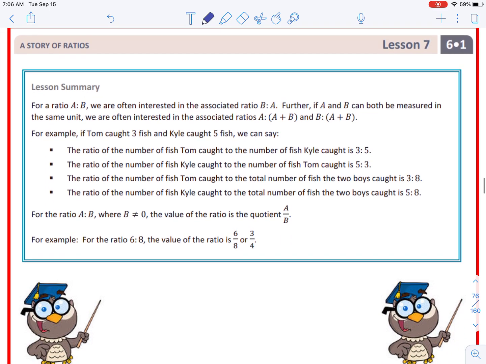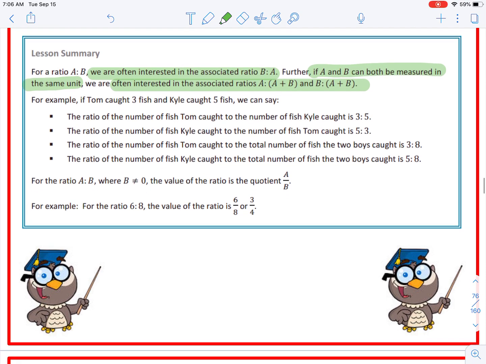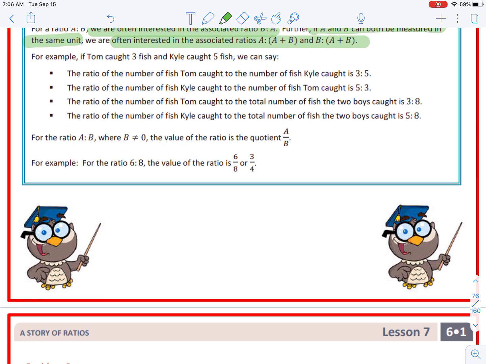All right, guys, lesson summary. So for a ratio A to B, we are interested in the associated ratio B to A. Further, if A and B can be measured in the same unit, we are often interested in the associated ratios A to A plus B and B to A plus B. For example, if Tom caught 3 fish and Kyle caught 5 fish, the ratio of the number of fish Tom caught to the number of fish Kyle caught is 3 to 5.